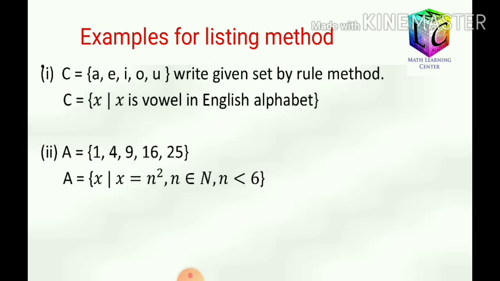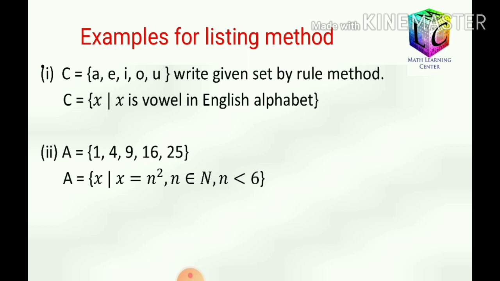Now look at the second example. Set A is given as 1, 4, 9, 16 and 25. We know that these numbers are all squares, and the last number is 25. So we can write A is the set of all x such that x equals n square.